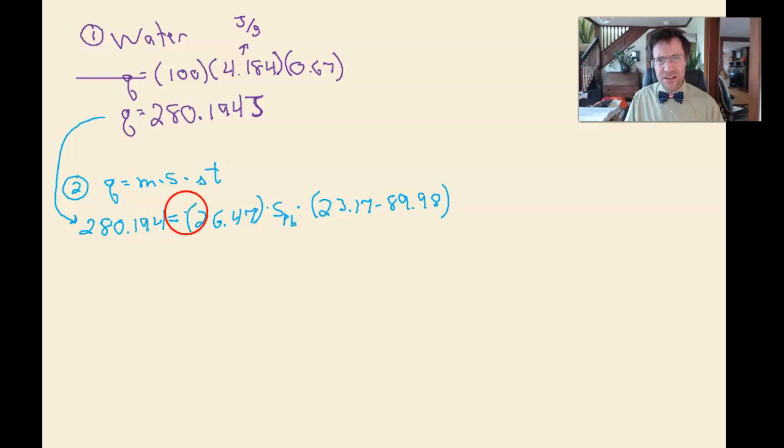I'm also going to be honest with you, there's going to be a little bit of a sign thing here. The lead is losing heat, while the water's Q was positive. That means this has to be negative, so that the negative here cancels out the negative there.